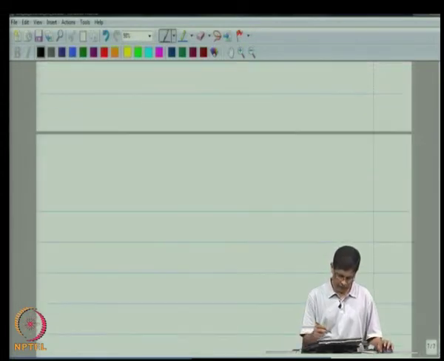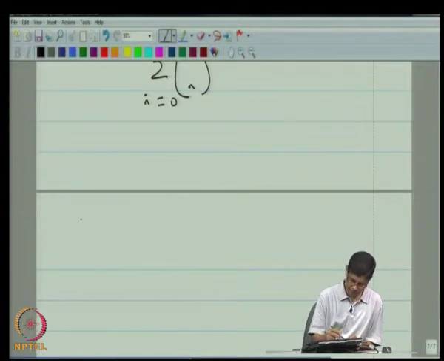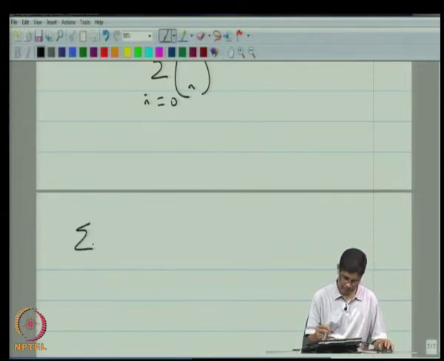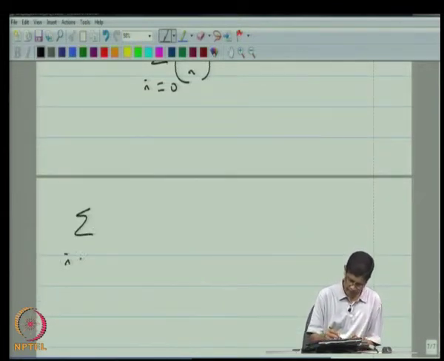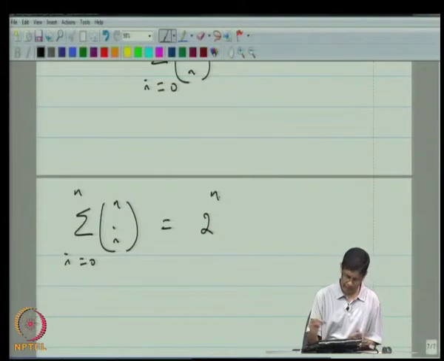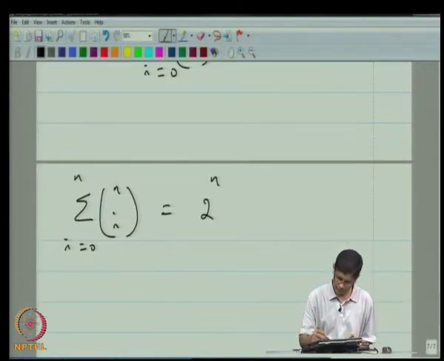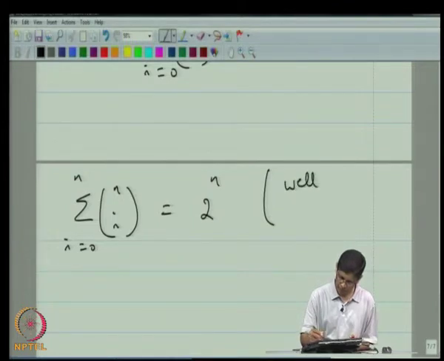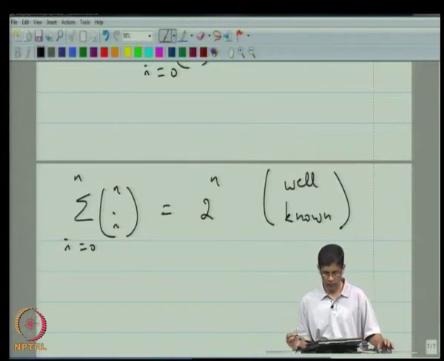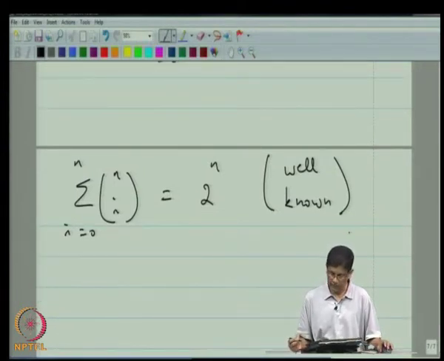Now, we know that if you add, i goes from 0 to n, if you add up all the binomial coefficients, you get 2 to the n. This is well known. It is a well known result in combinatorics or from the binomial theorem.